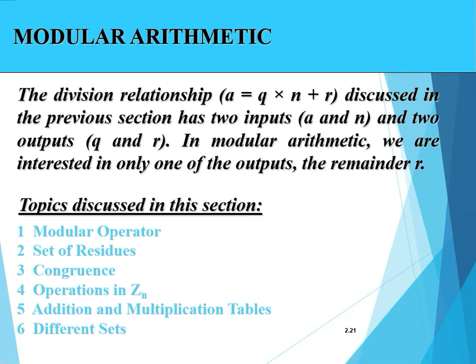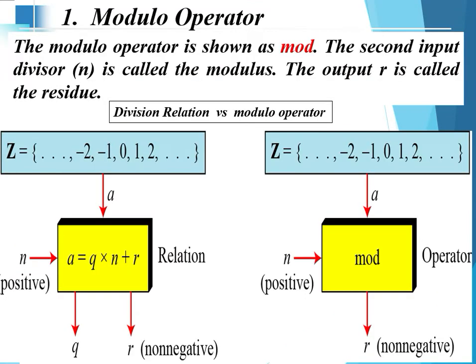Topics that we discuss in this section include the modulo operator, set of residues, congruence, operations in the set of residues, addition and multiplication tables, and finally the different sets. First is modular arithmetic.